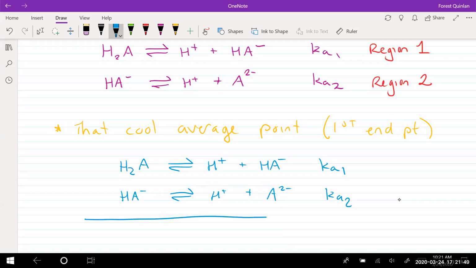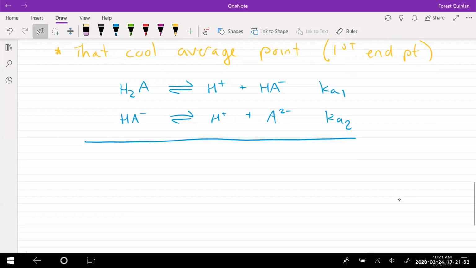If I were to add these up, we would notice this is not true. I'm going to try to draw it as lightly as possible. They're still there, okay?